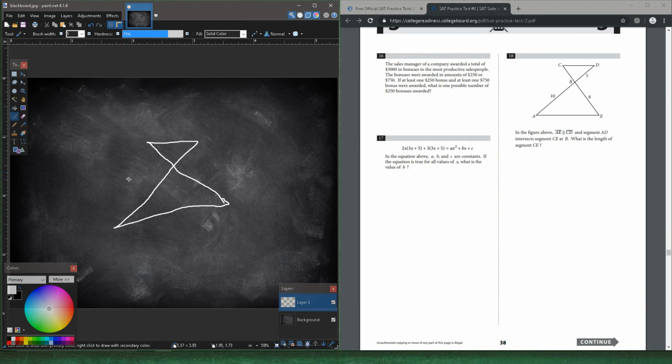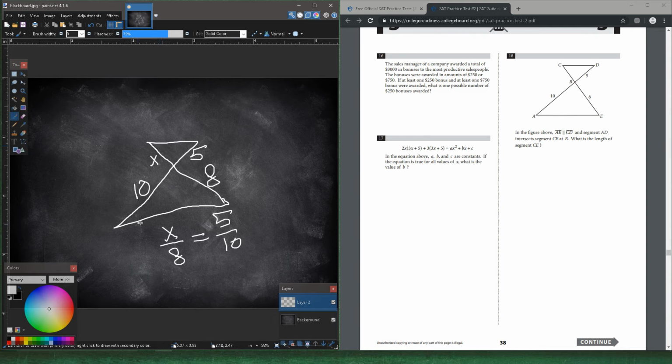Might not be the best representation, but basically the same thing. So this is parallel to this. If this is parallel to this, these side lengths are proportional. So this is 10, this is 8, and this is 5. Let's call this x. x divided by 8 is the same thing as 5 divided by 10, because these are similar triangles.